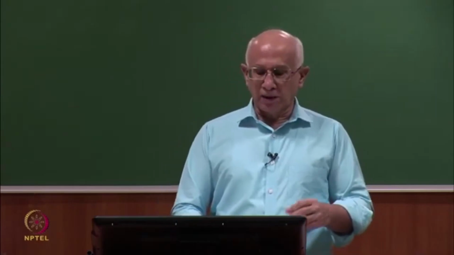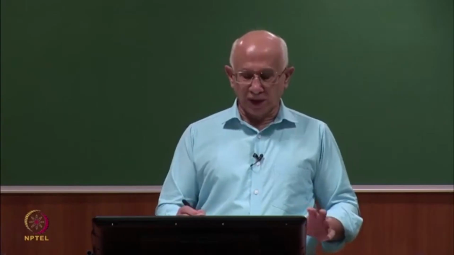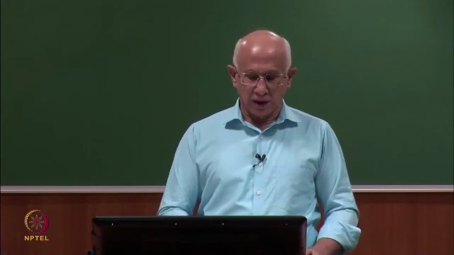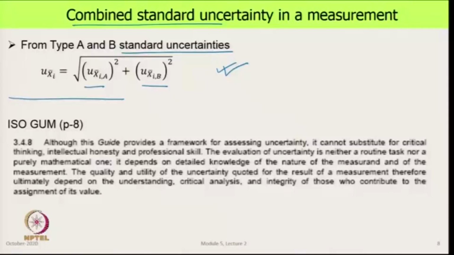And that is the reason why I have developed a consistent manner of putting symbols and their designations, and that is more consistent with PTC 19.1. Otherwise, ISO GUM is in a way the mother standard for everything.